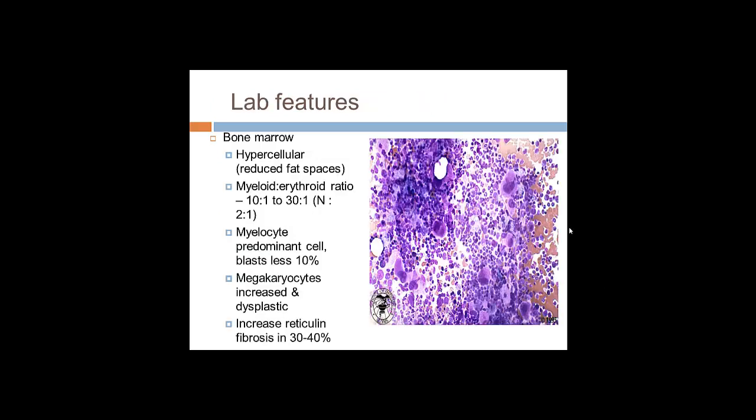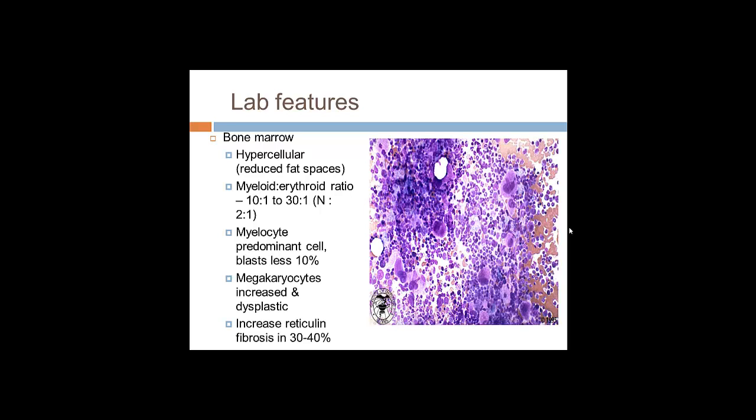Hyperleukocytosis. Lab features: the bone marrow is hypercellular. The myeloid to erythroid ratio is 10 to 1 to 30 to 1. Myelocytes are the predominant cell and blasts are less than 10%. Megakaryocytes are increased and dysplastic.